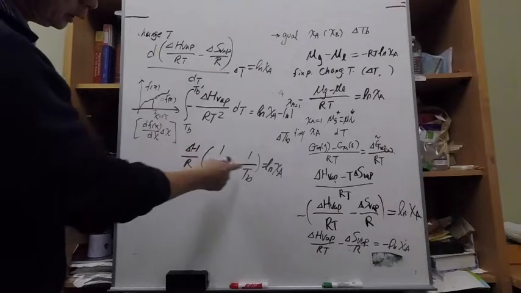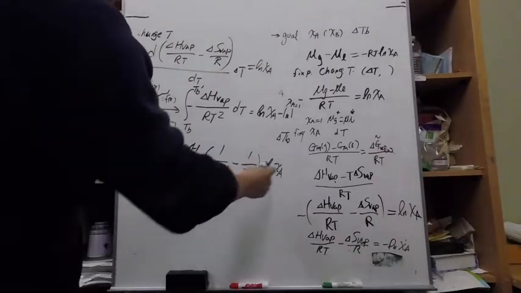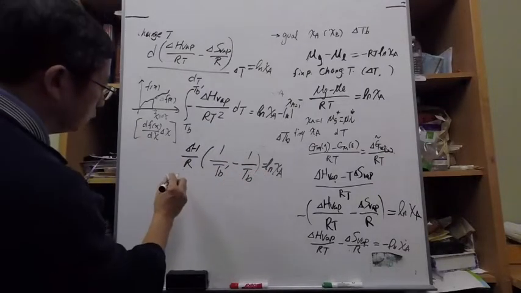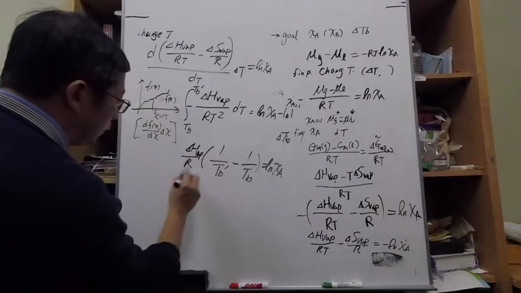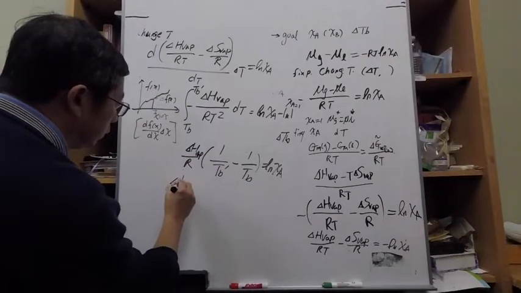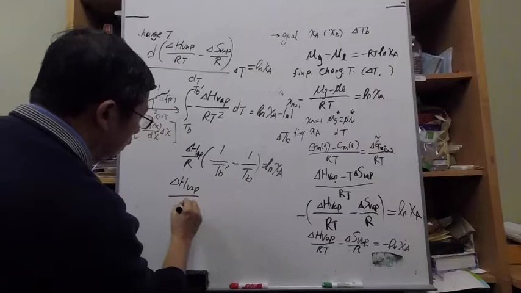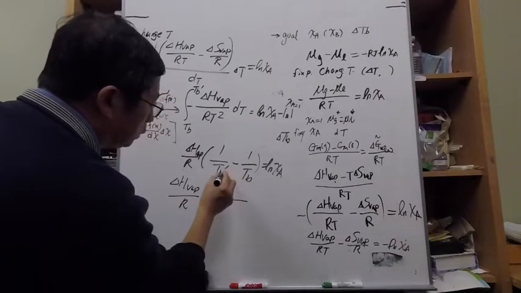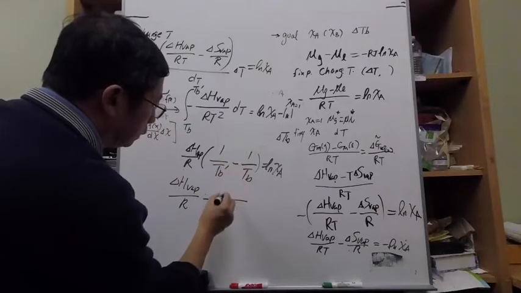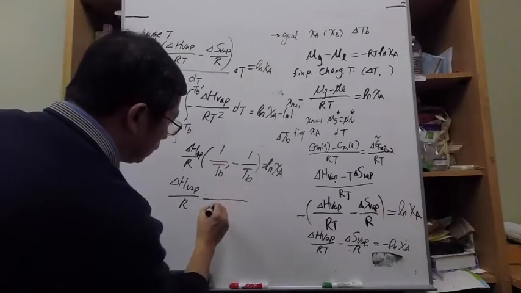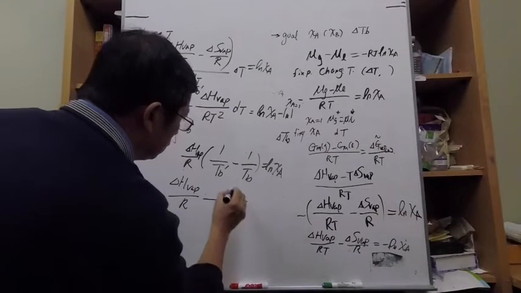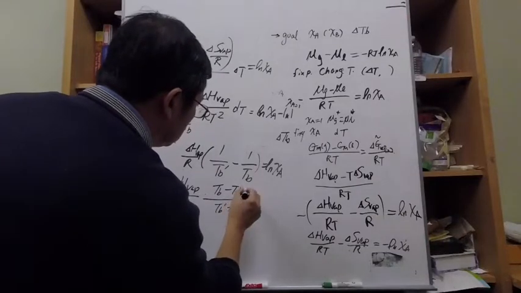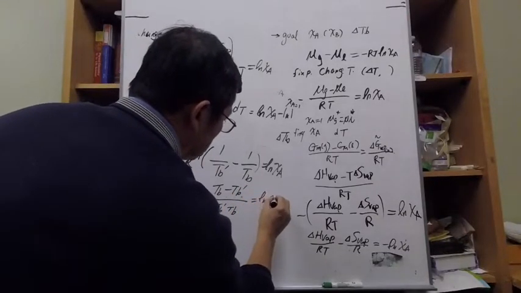So basically this left-hand side would give you the formula that we will probably end up using. Here you would have the vaporization term, and these two TB prime are pretty close. If you put these two together, it'll be TB prime times TB, then TB minus TB prime, equals natural log XA.